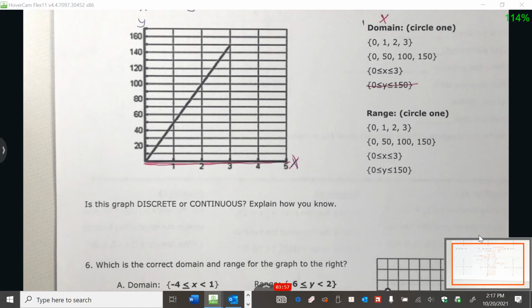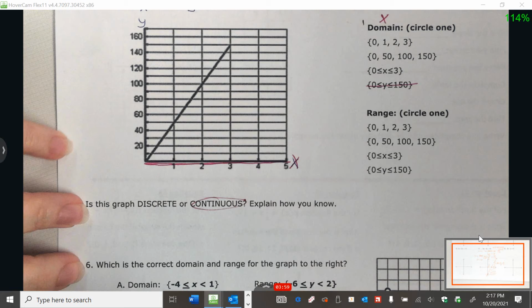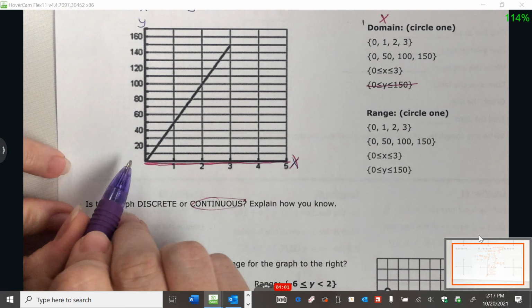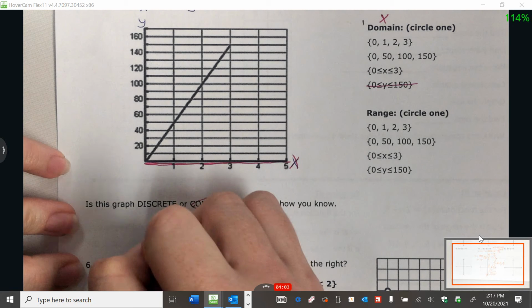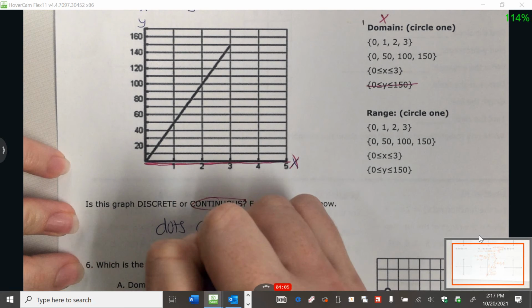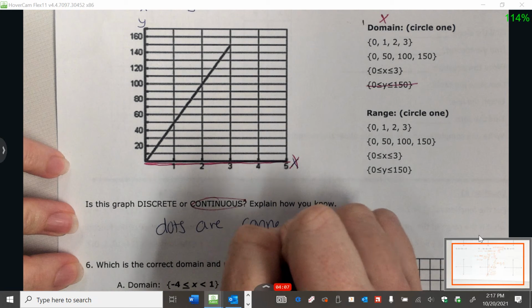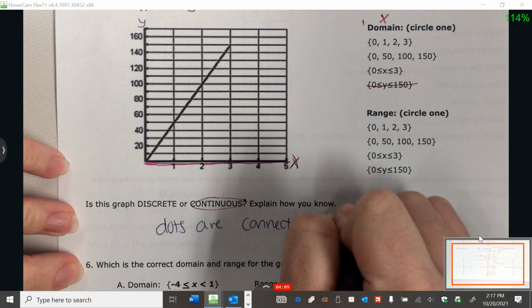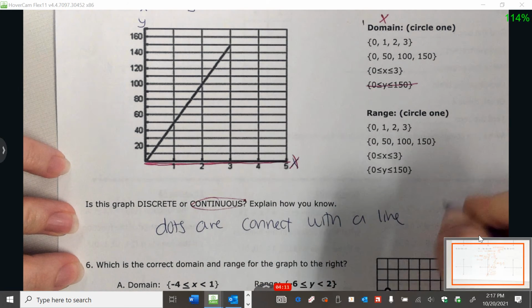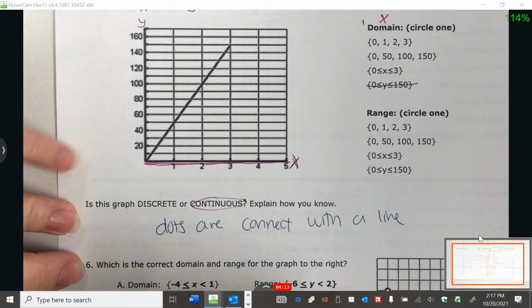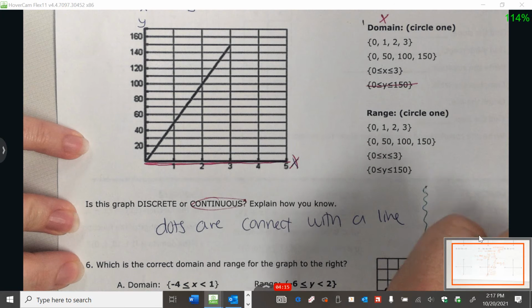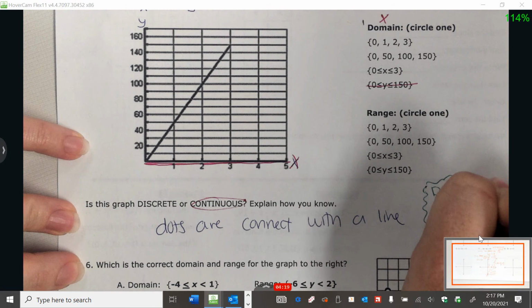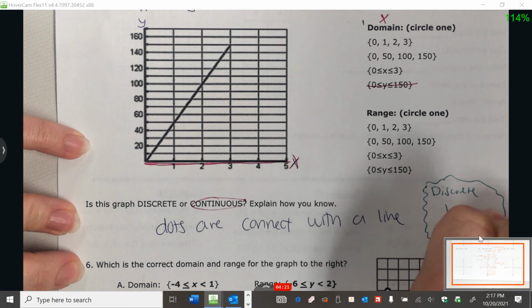I do want you to realize this is a continuous graph, and we know that because my dots are connected with a line. Remember, discrete graphs, so I'm going to put this in a bubble over here. Discrete graphs would look something like this.